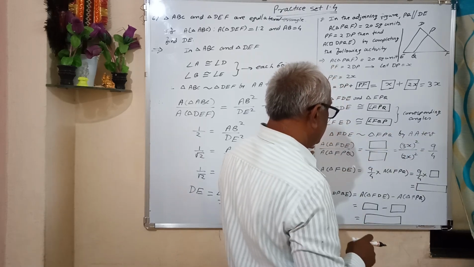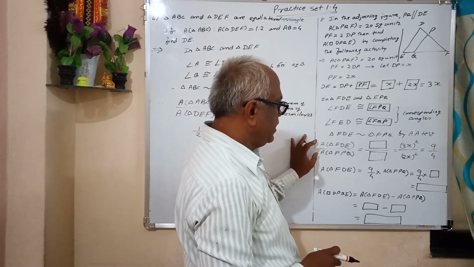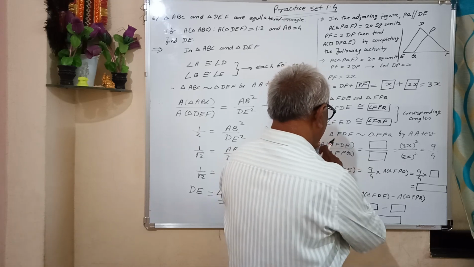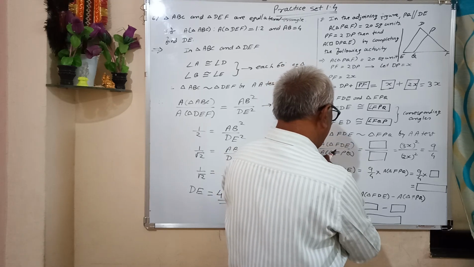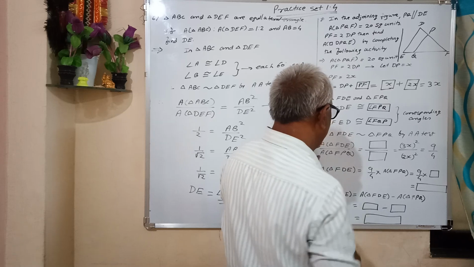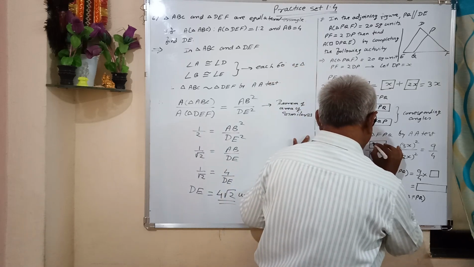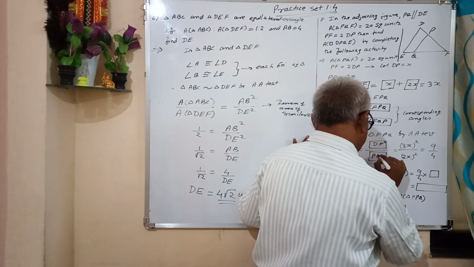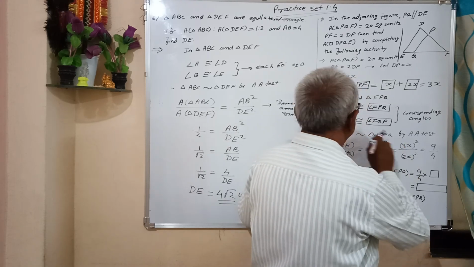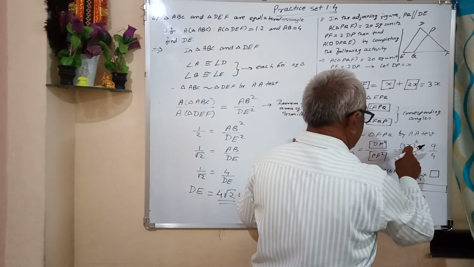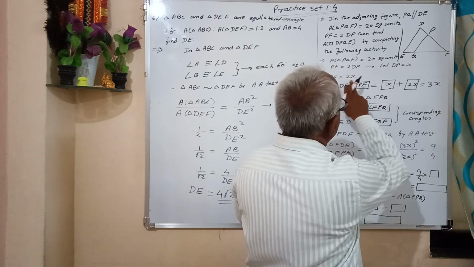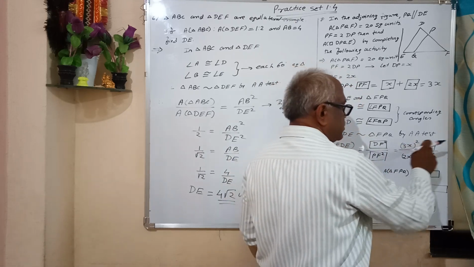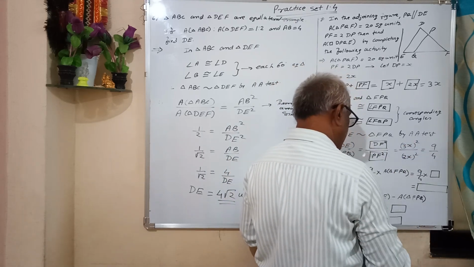If they are similar, then by the theorem of area of similar triangles, area of triangle FDE upon area of triangle FPQ is equal to DF square upon PF square. DF is 3x, that is 3x square. PF is 2x, so x square gets cancelled. 3 square is 9, 2 square is 4.